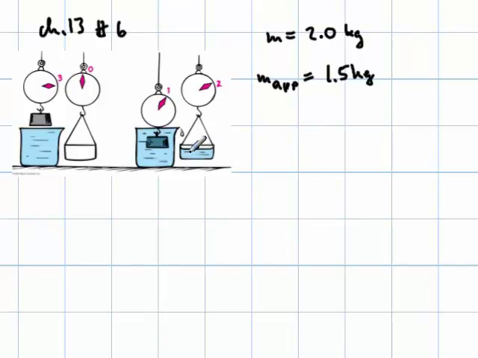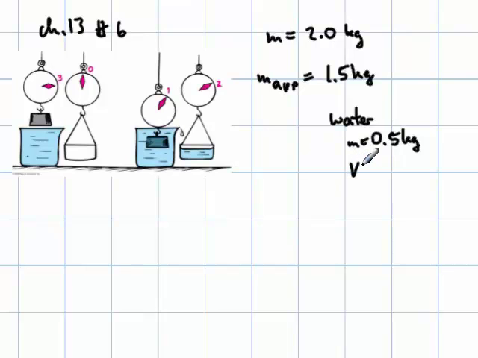The water that is being pushed out has a mass of 0.5 kilograms, with water having a density of 1 kilogram per liter, or 1 gram per cubic centimeter.